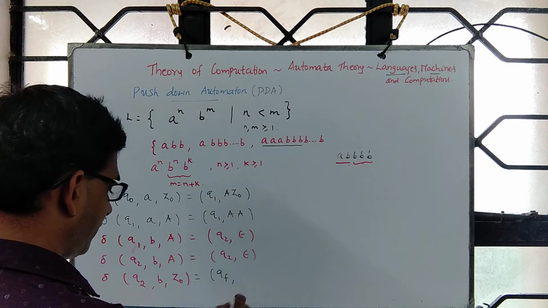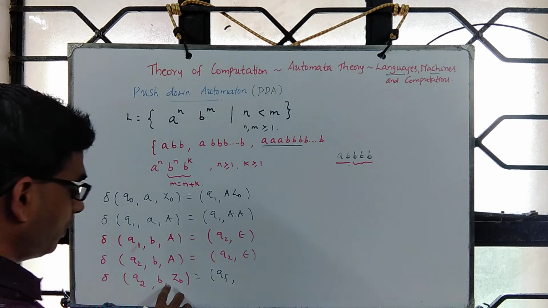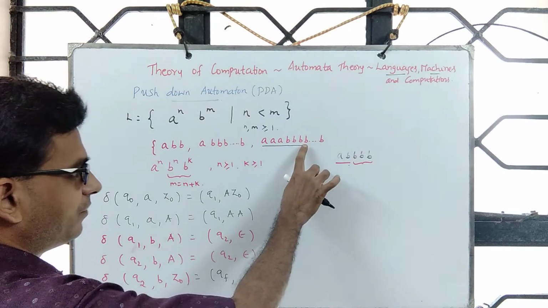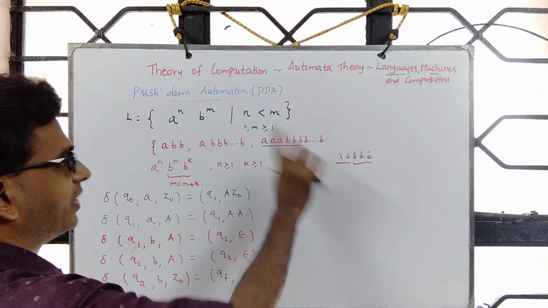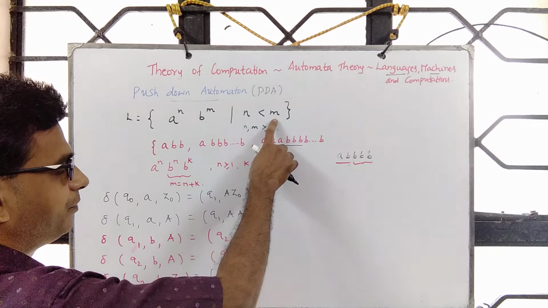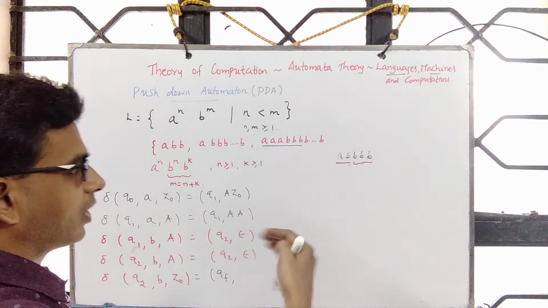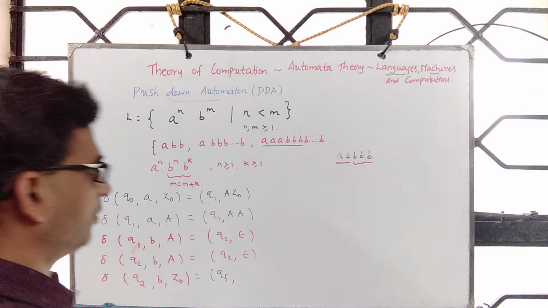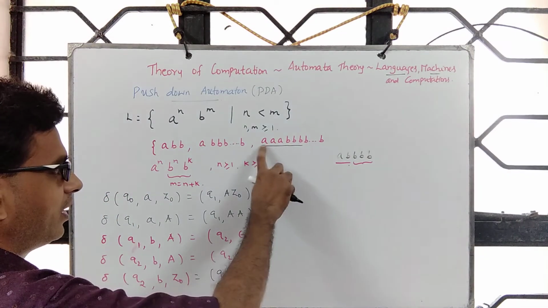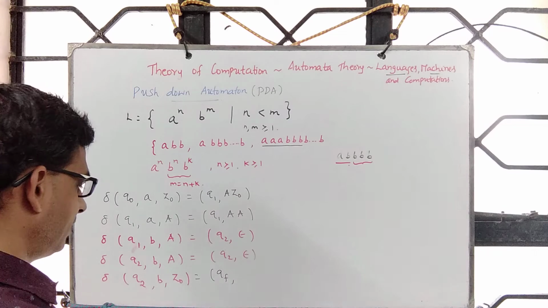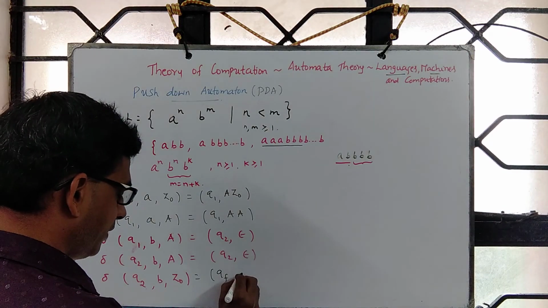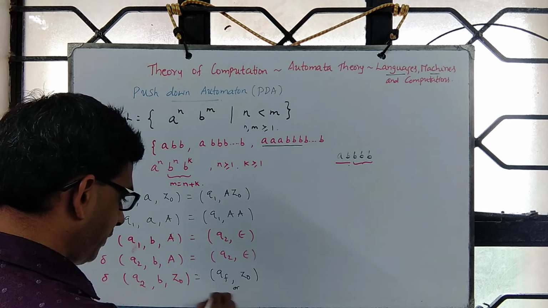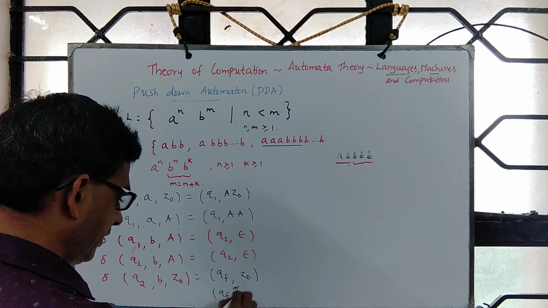So qF, comma, we don't need to know how many more b's will come after this. Even if we see one more b, we are done, because it only says the number of b's is more than this, and how much more it should be is not given. Correct? The moment you find one more b than this, we accept. So we say qF, comma, z0, we accept, or you can also do it by emptying the store.